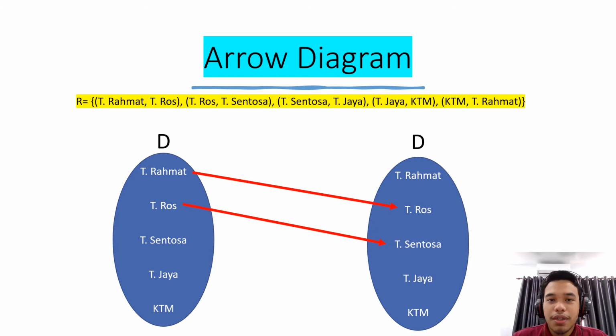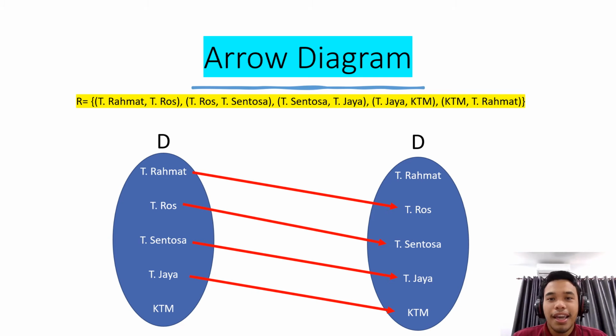Taman Sentosa will make a transit to Taman Jaya. Taman Jaya will make a transit to KTM. Lastly, KTM will make a transit back to Taman Rahmat. As you can see here, the relation is very important so that we can make things clear and not confused.